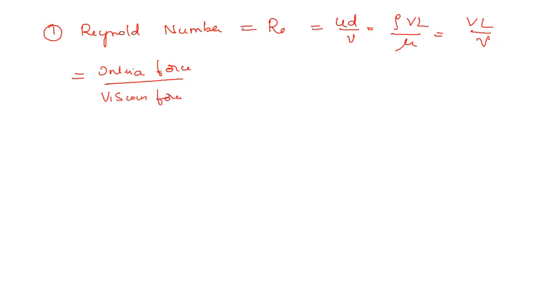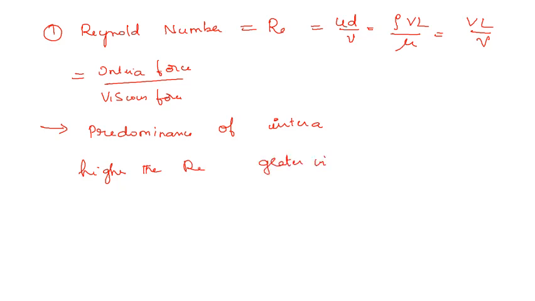The Reynolds number signifies the relative predominance of inertia to the viscous force occurring in the flow system. That means the higher the Reynolds number, the greater the relative contribution of the inertia effect.